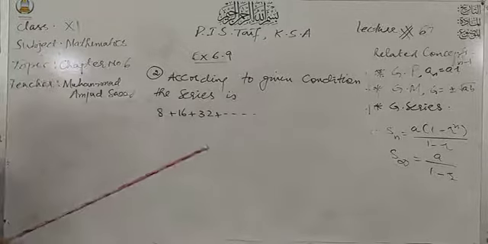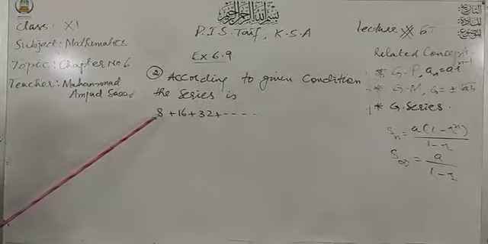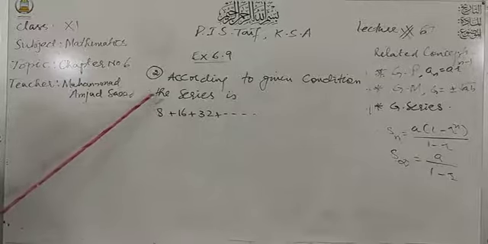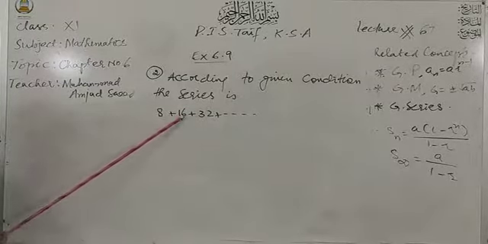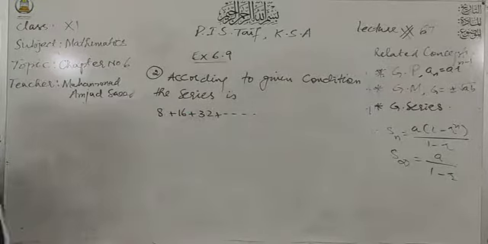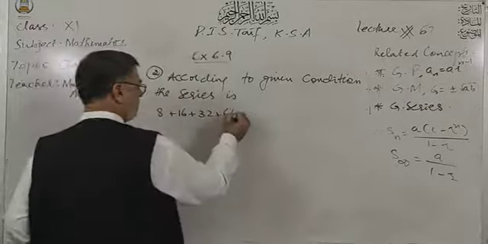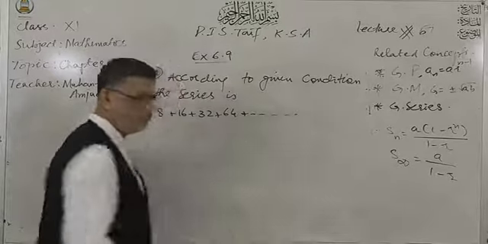Because every time the first installment is 8 and every next installment is double of that: 8 to 16, 16 to 32, 32 to 64, plus so on.